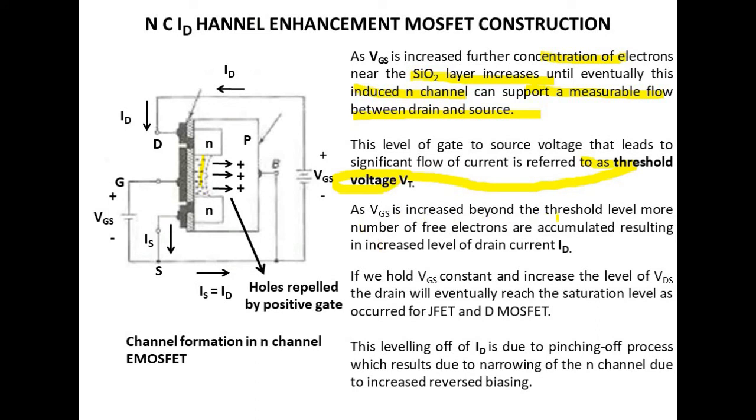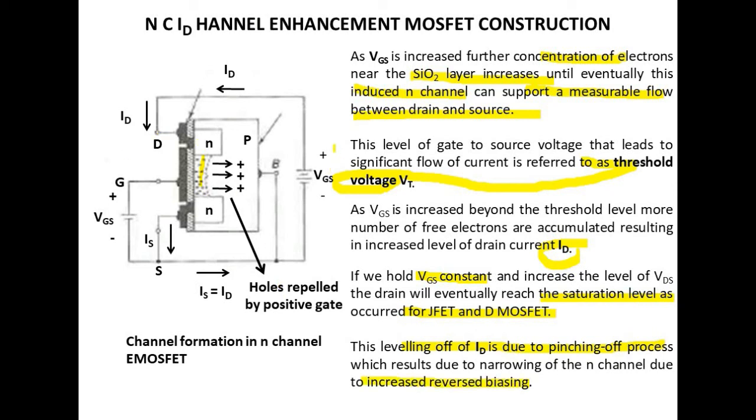As VGS is increased beyond the threshold level, more free electrons are accumulated, resulting in increased level of drain current ID. If we hold VGS constant and increase the level of VDS, the drain current will eventually reach the saturation level, as occurred for JFET and the MOSFET. This leveling of ID is due to the pinching process, which results due to narrowing of the N channel due to the increased reverse biasing.